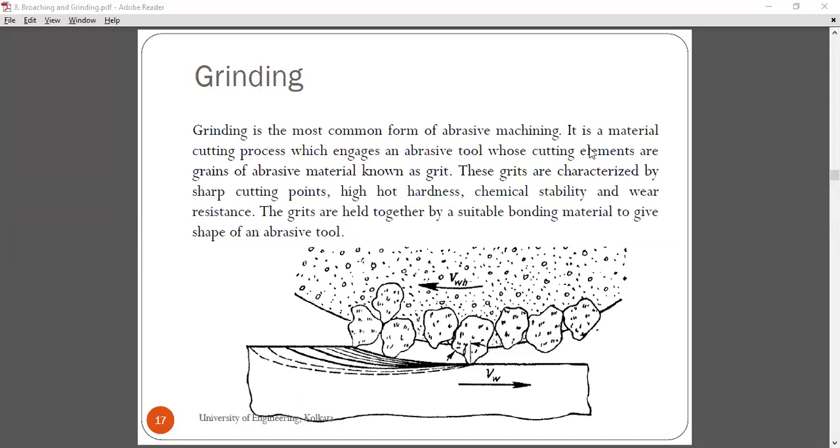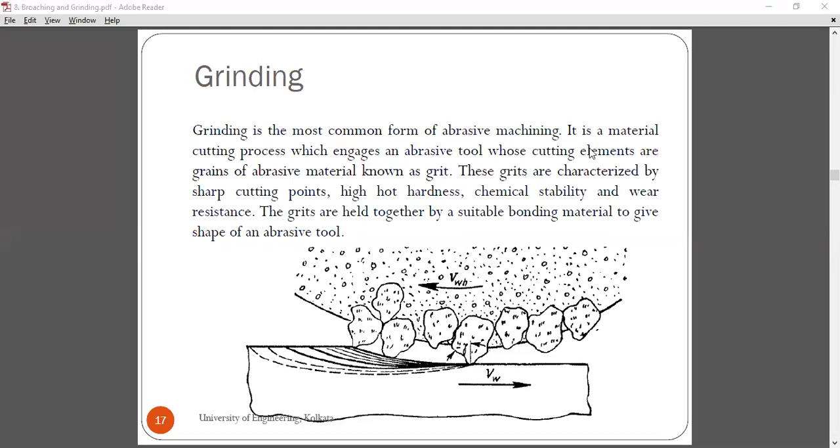Okay, however, we see that if we use the grinding wheel for a long duration, the size of the grinding wheel becomes shorter. The reason is that the bonding material is unable to keep the grits together. So they detach from each other and the wheel becomes smaller in size, right?